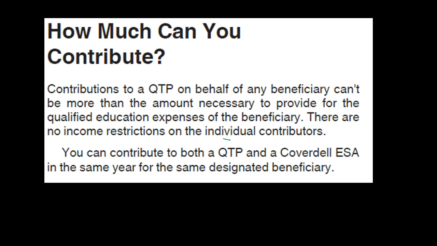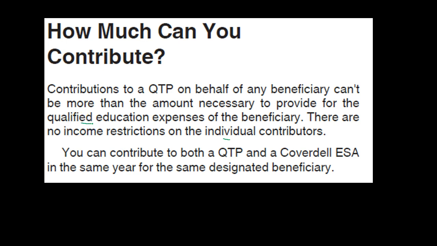So whatever our AGI, we don't have that kind of AGI-type limitation we may see in other types of benefits. And the amount that we can put into the QTP is not restricted either, other than by the amount that would be necessary for the beneficiary's qualified education expenses.